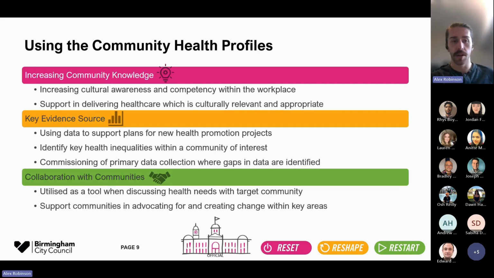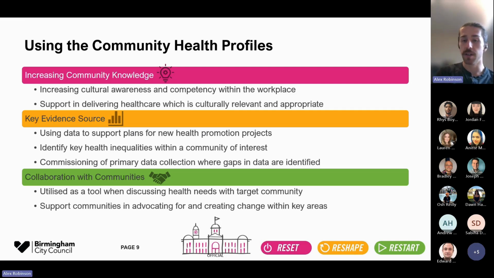Okay, so how do we want people to actually use the community health profiles? There are lots of ways you can apply them and engage with them in your work. Firstly, we want to use them to increase cultural intelligence. We encourage everybody to read the profiles and build their knowledge and understanding of the community and the health inequalities that they experience. We want people to share them widely with their colleagues, their wider organisation, and their networks to encourage them to do the same as well.